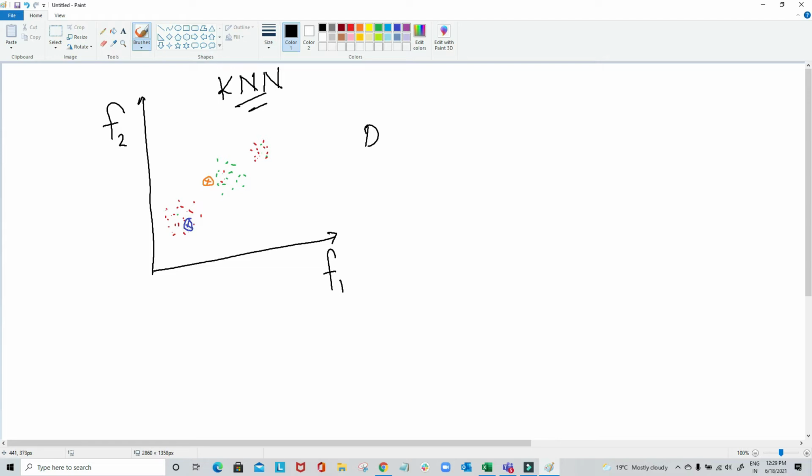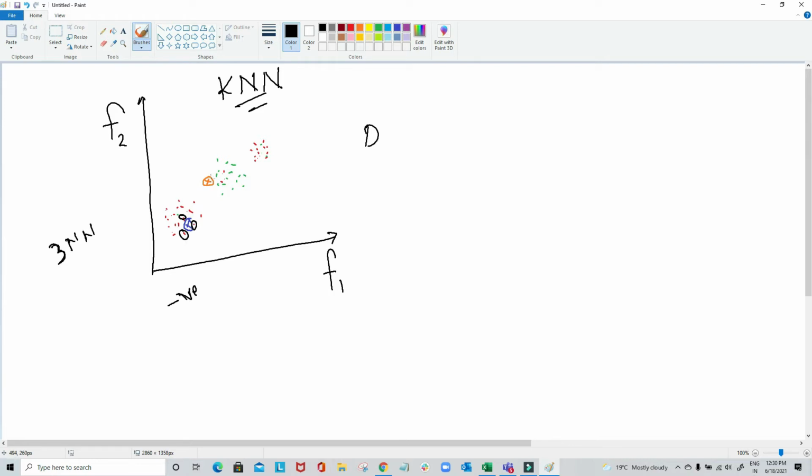Imagine around this blue point, if you're doing three nearest neighbors, it will consider the three points nearest to it. In this case, maybe this one and this one are near to this blue point. For the three nearest points, it would take their classes. Say in this case, all three belong to the negative class. Hence, this blue point will be categorized as a negative point.